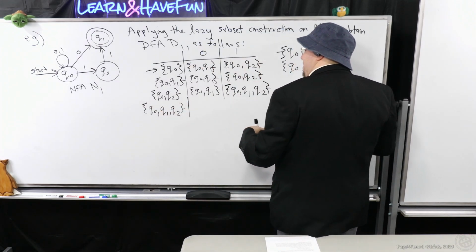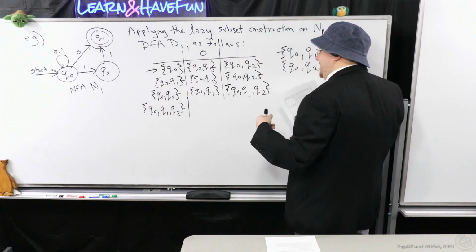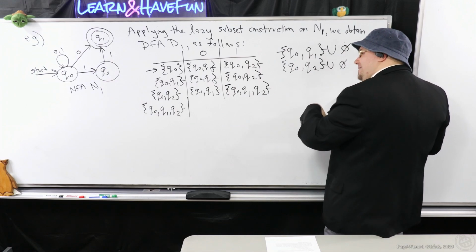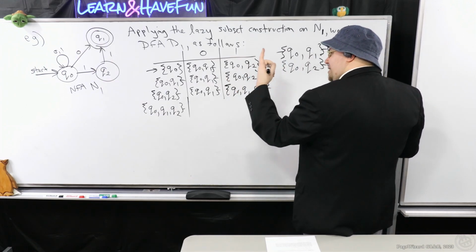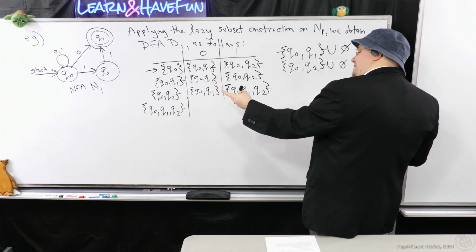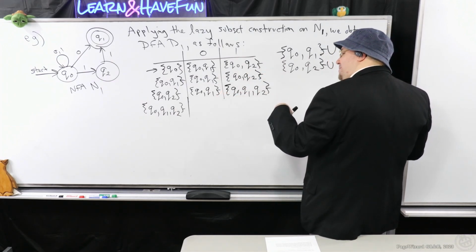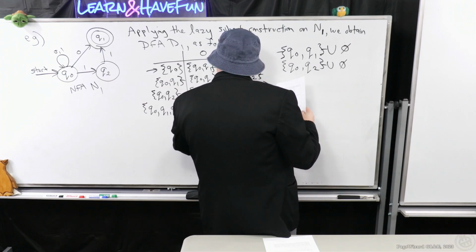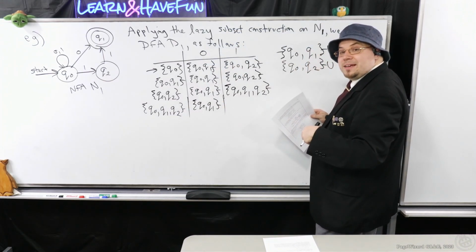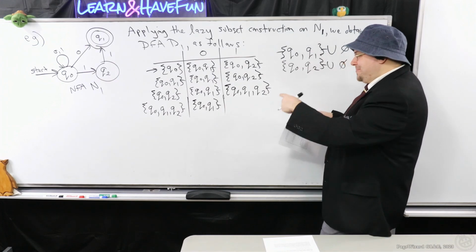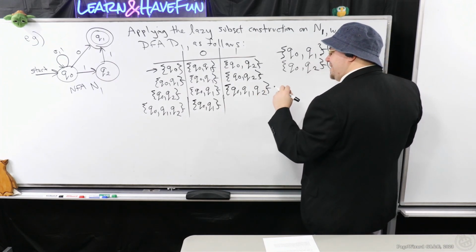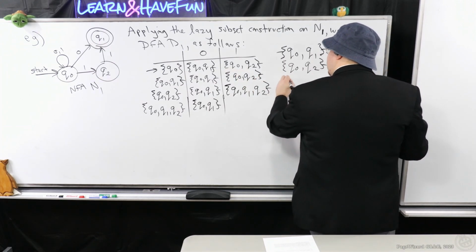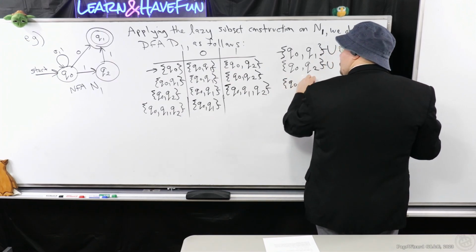Okay, so now I have all three of the states from the NFA. So Q0 on a 0 is Q0, Q1. On Q1, upon reading a 0, nothing. That's the empty set. Q2 on a 0, nothing. So it's just going to be Q0, Q1 again. How about on a 1 for this subset? Q0 goes to Q0, Q2 on 1.